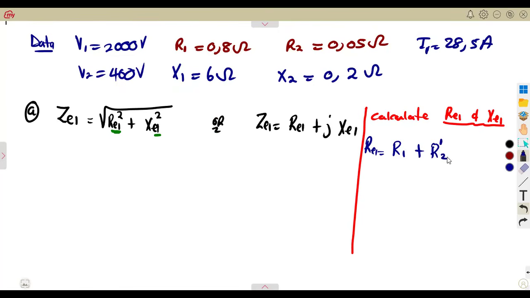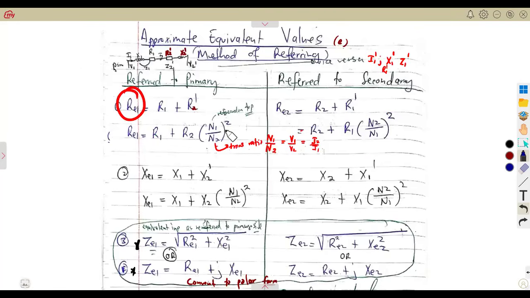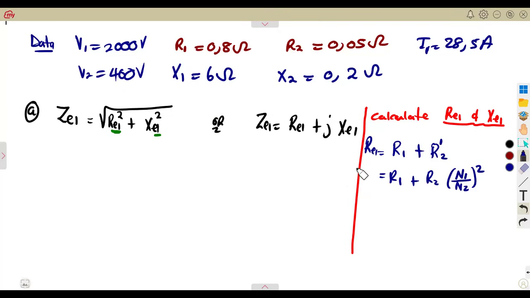As you can see, there's a bar there. So you take R2 as it is, times K squared, where K is the transformer ratio, N1 over N2, as you refer to the primary side, primary over secondary. That's the formula that we had. You can just know your formulas directly, which is fine, or you can relate back like that.